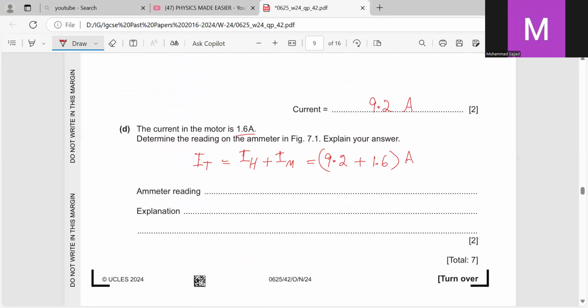As we simplify, 6 plus 2 is 8, 9 plus 1 is 10, so 10.8 amperes.